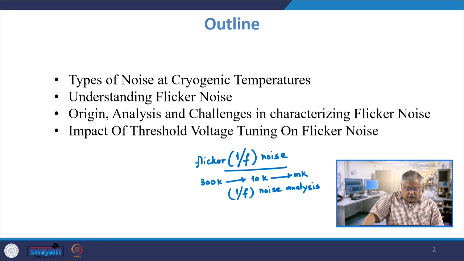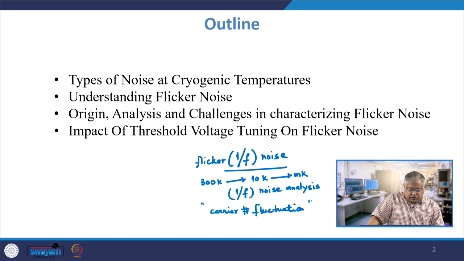Now, the dominant source of this noise is the carrier number fluctuations. When the carrier number fluctuates over a period of time, this results in this noise, and the normalized noise is to a larger extent independent of the temperature.